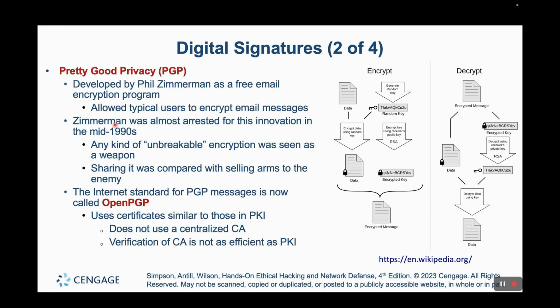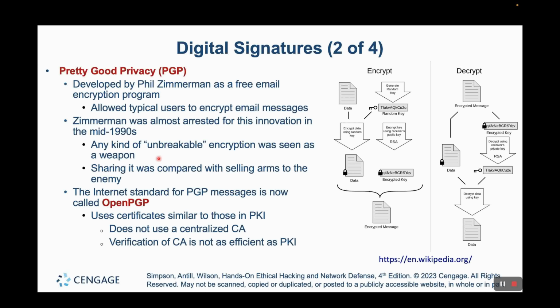Now, Pretty Good Privacy, PGP, was developed by Phil Zimmerman as a free email encryption program. The intention was fine, according to Zimmerman, because he cared a lot about privacy. It allowed typical users to encrypt email messages. However, Zimmerman almost got arrested for this innovation in the mid-1990s by the United States government.